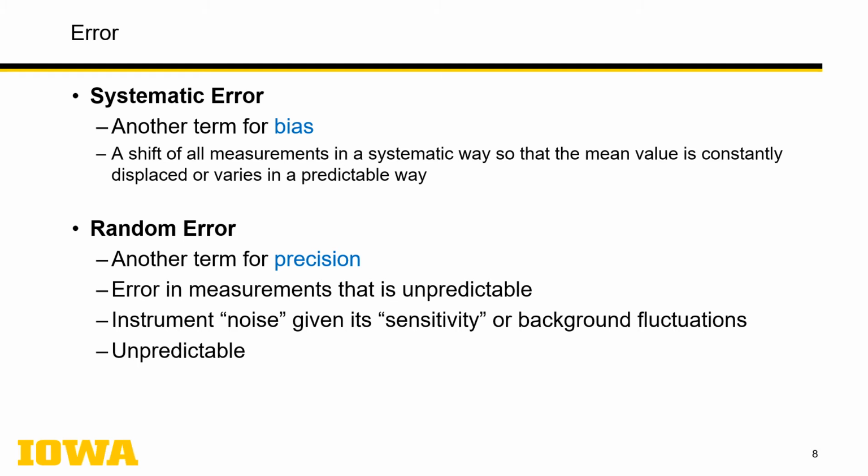Sometimes they call this the instrument noise, or how sensitive the instrument is relative to background fluctuations, for example, or whatever else is going on with your instrument. So these two terms put together, your bias and your precision, otherwise known as systematic error plus random error, give you a total error in your measurements.